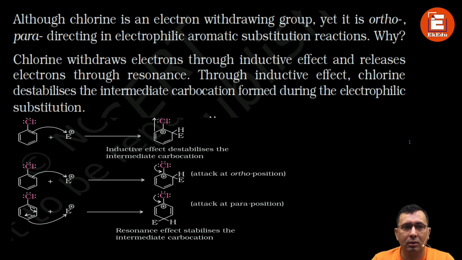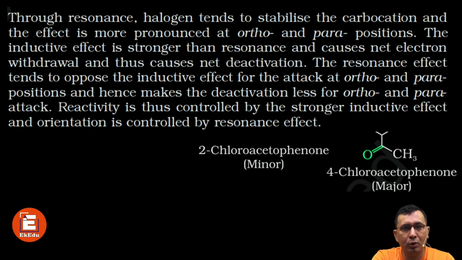In the reaction, at the ortho position, which is electron rich, the electrons from that position attack this electrophile, and you get the product. Similarly at the para position, and there will be no reaction at the meta position. Halogen tends to stabilize the carbocation, and the effect is more pronounced at the ortho and para positions.